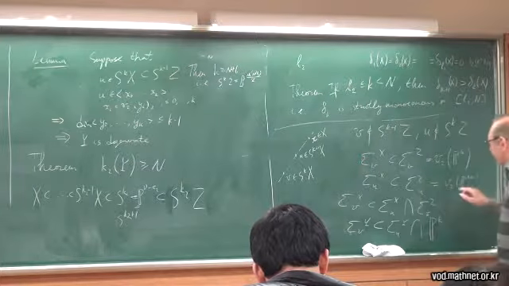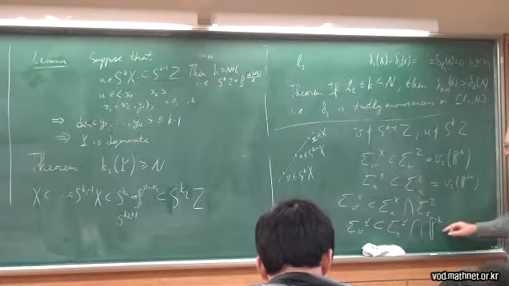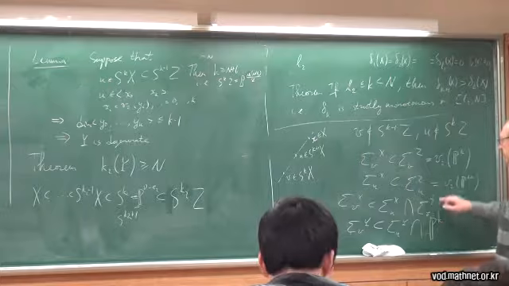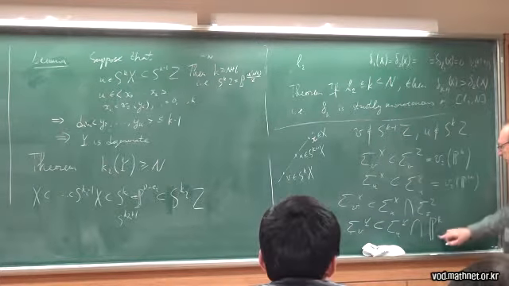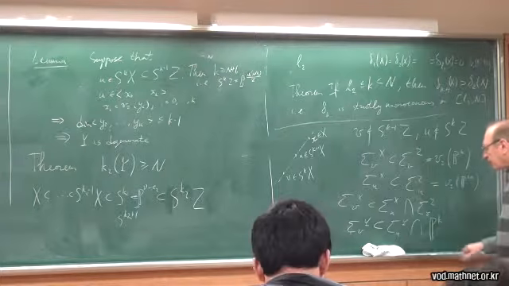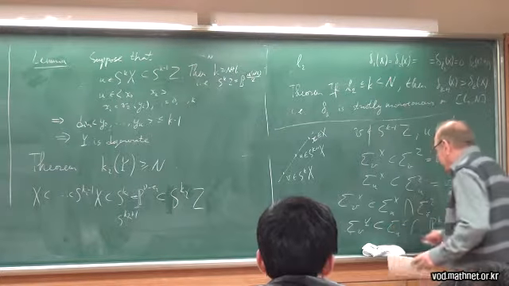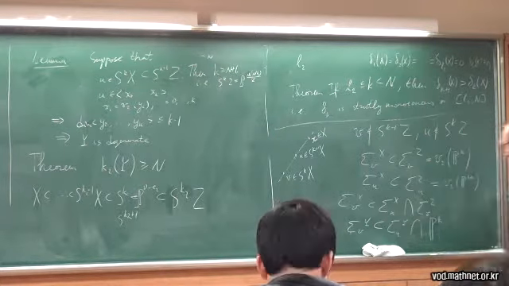The inverse image of this is Pk. This is sigma Zv, the inverse image of sigma Zv in the linear space. So we see that we have such an inclusion.